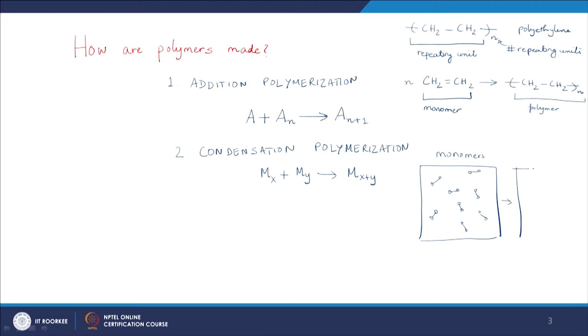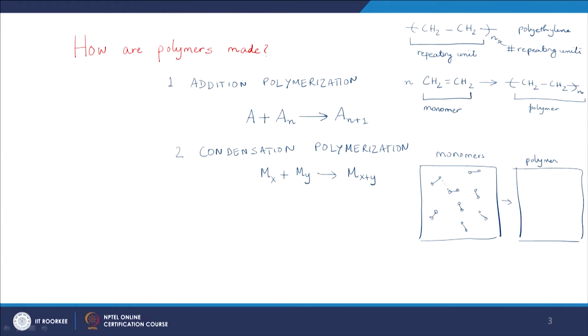Then they react, there is a polymerization taking place, and we form a polymer. Now you can see that when the polymer is being formed by either the addition or the condensation mechanism, it is not happening at only a single place in the beaker, it is happening at many places. For example, these two are coming together, but these two are also coming together, and maybe three of them are coming together and so on.